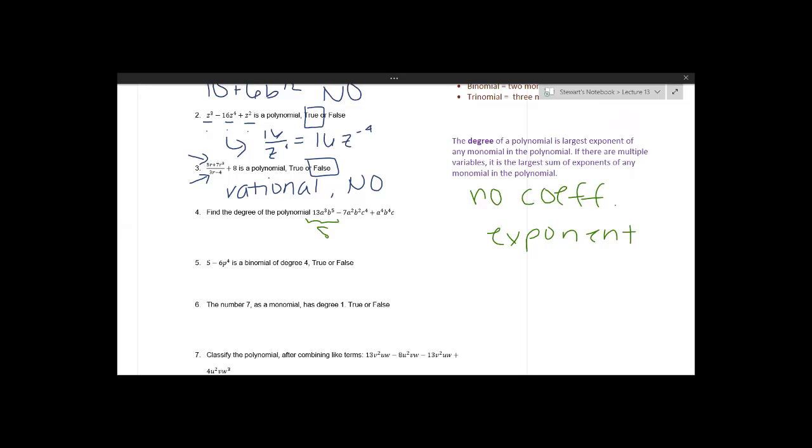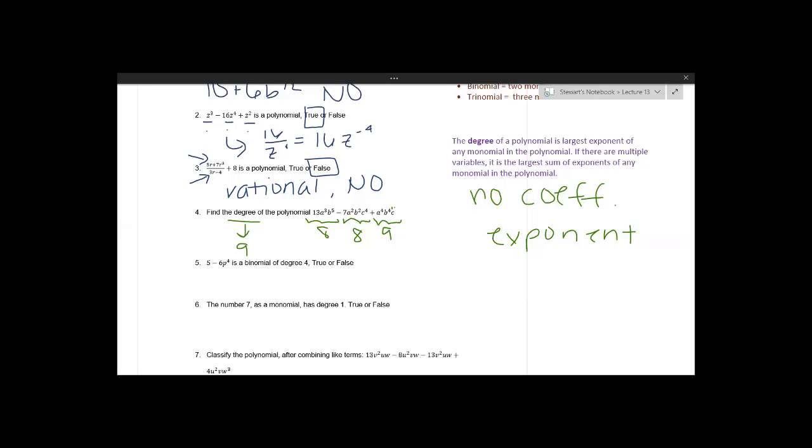So this one, the exponents sum to 8, and in this one they sum to 9. And be careful there because there is an exponent of 1 for c, since that's what all of them carry if it's not already stated. So the degree of this polynomial would be 9, because the largest degree of any of these monomials is 9.